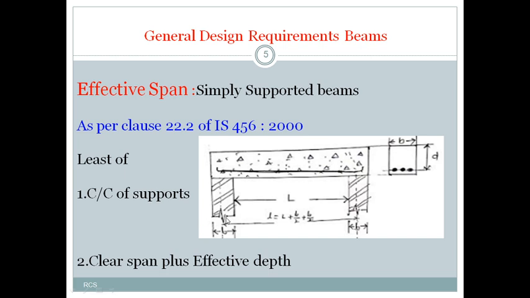The effective span, small l, is the clear span capital L plus half of the width of one support and half the width of the other support, which will give the total effective length. And another formula also given as per IS 456-2000 is clear span plus effective depth.